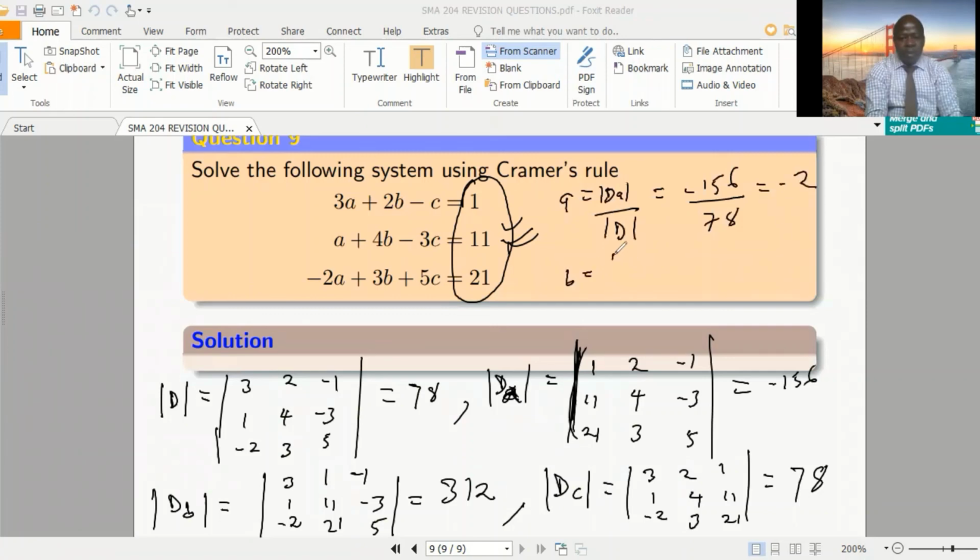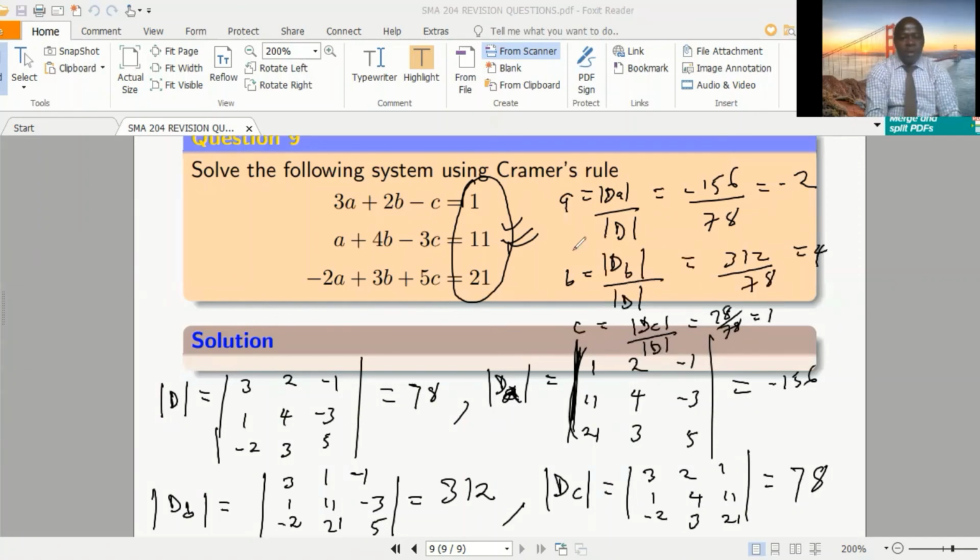It will be the determinant of dB divided by the determinant of D, which was 312 divided by 78. That gives me 4. Lastly, C will be the determinant of dC divided by the determinant of D. That is 78 divided by 78, which is 1.